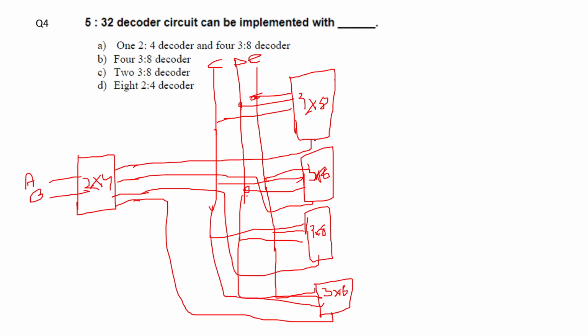And here we will have outputs from 0 to 7, then 8 to 15, then 16 to 23, then 24 to 31.